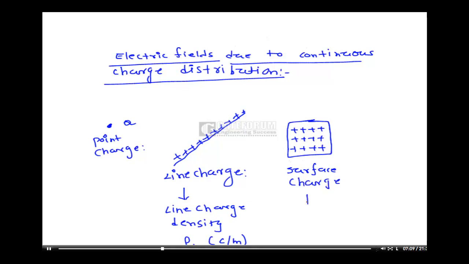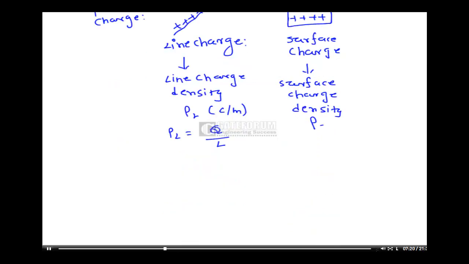Surface charge is indicated with surface charge density, given by the symbol rho s. The unit is coulomb per meter square. Rho s is equal to Q by A, where A is the area of the sheet.